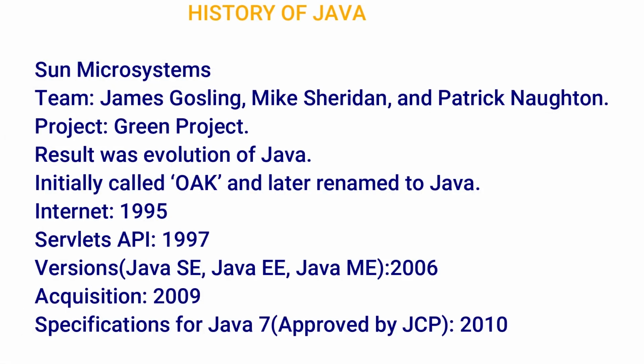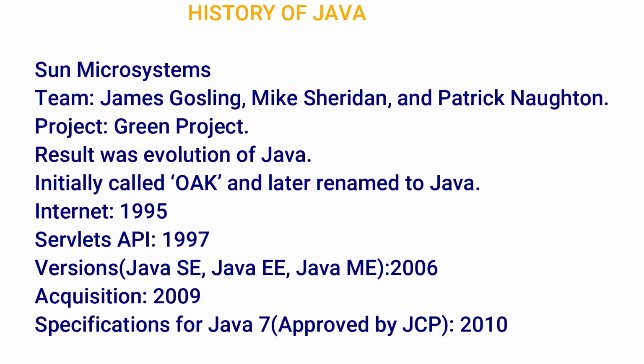Then beyond that, in 2006, different versions of Java emerged, such as Java SE, which stands for Java Standard Edition, the second one, Java EE, which stands for Java Enterprise Edition, and the third one, Java ME, which stands for Java Micro Edition. That was in 2006.